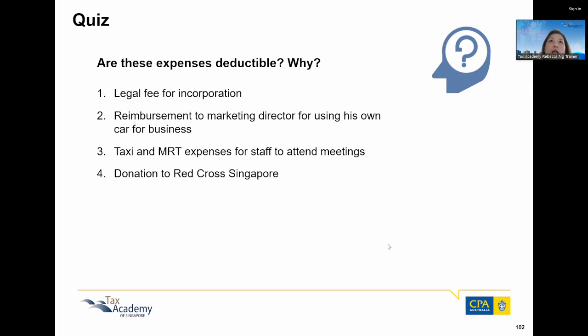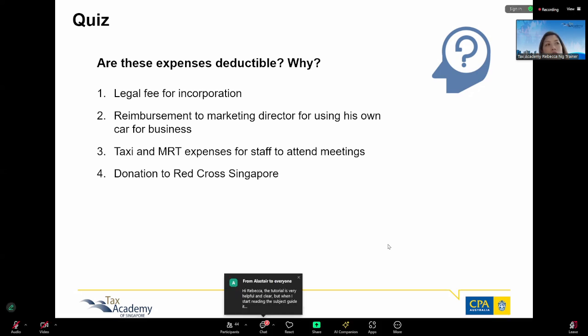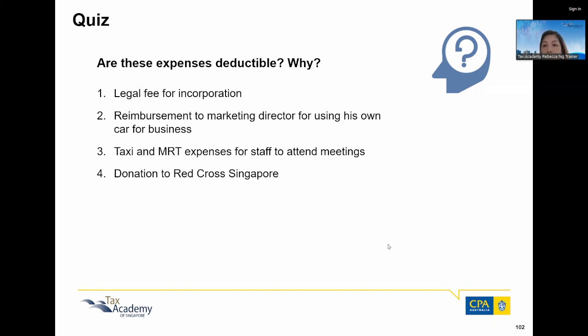There is a case study for you. While you're going through the notes, you can also take a look at case study 1, where they have some expenses, whether deductible or not deductible, and some section 14(n) computation. You can attempt case study 1 to test your understanding.